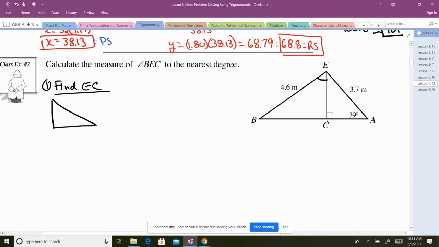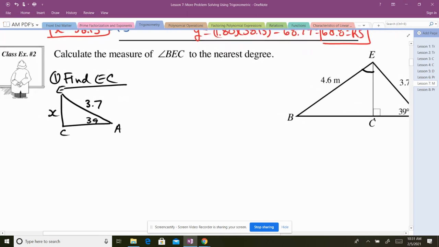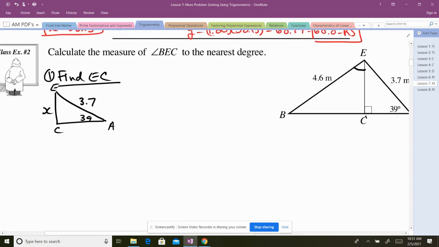Don't have to if you don't want to. 39, 3.7. Okay. And we want to find EC, so that's going to be our variable x. You've heard me say it a million times. What do we do? The label.